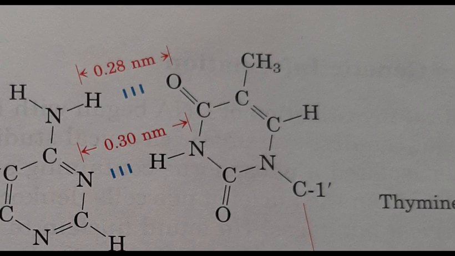and in case of RNA, thymine is replaced by uracil. However, thymine has another chemical name, that is 5-methyl.